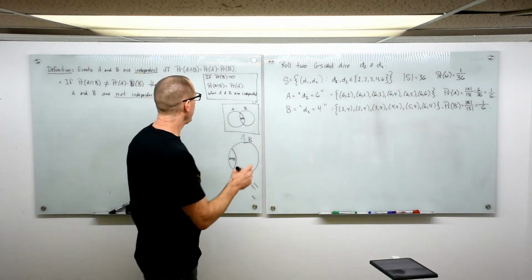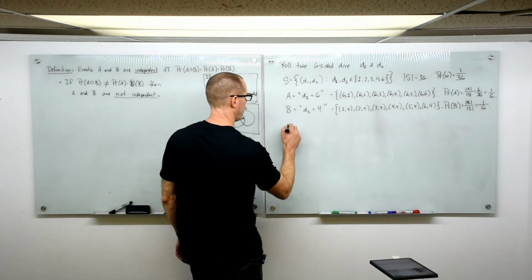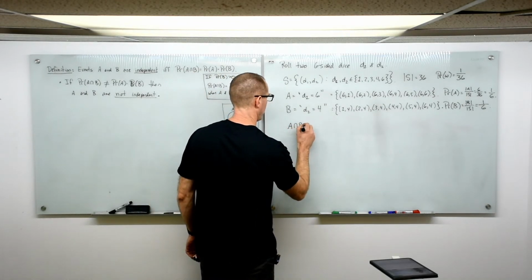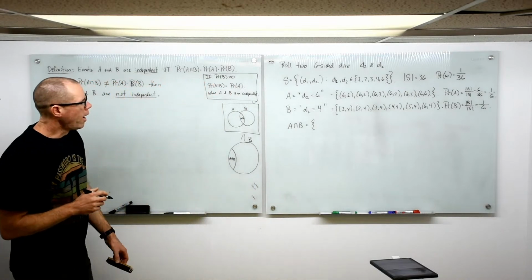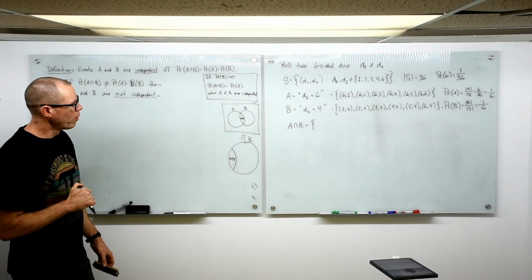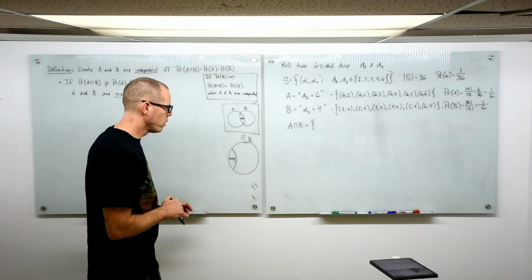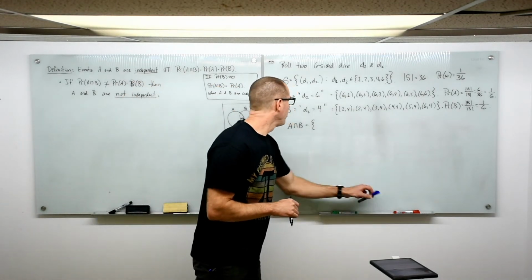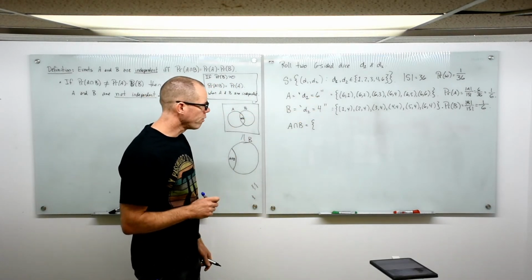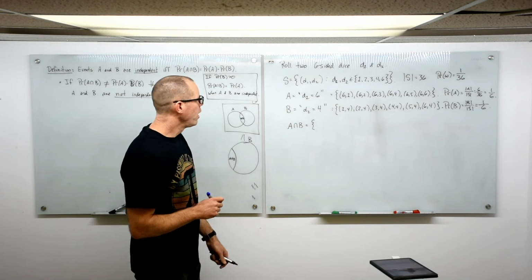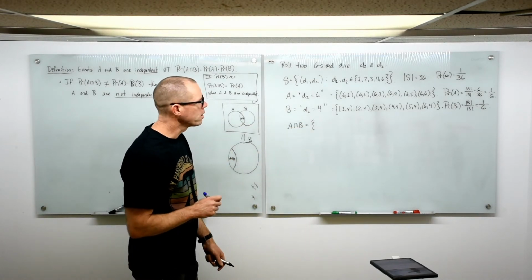And what is A and B? Well, that's the set of all the elements that are both in A and in B, and there's only one element, because everything in A has a 6 at the first coordinate, and everything in B has a 4 at the second coordinate.